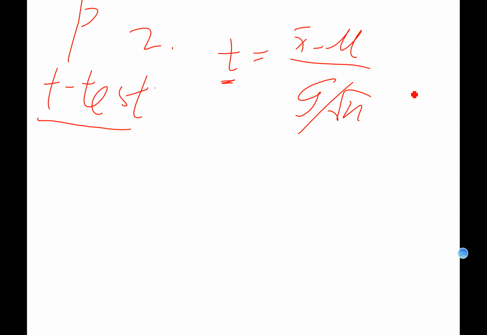So this is the formula for t value. We just need to put all the numbers from the sample, all the given numbers in the question, into the formula, and then we can get t value. So that is the second step of the procedure of hypothesis testing.